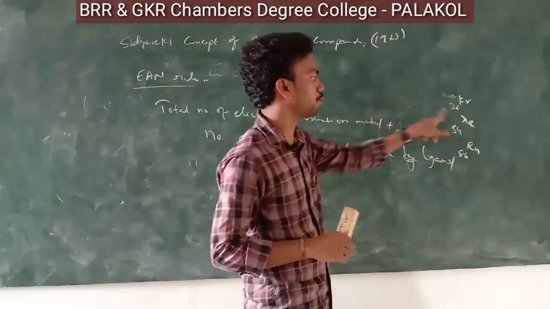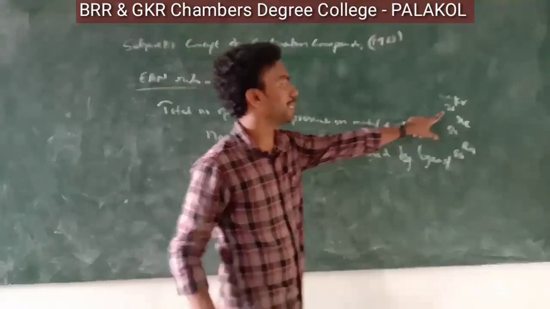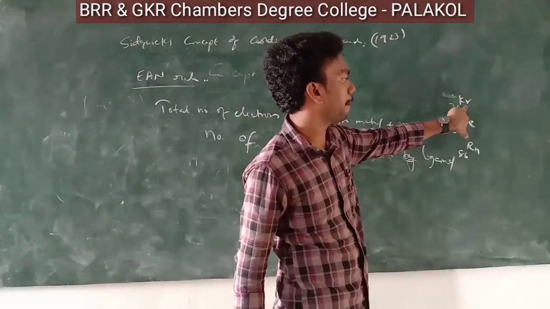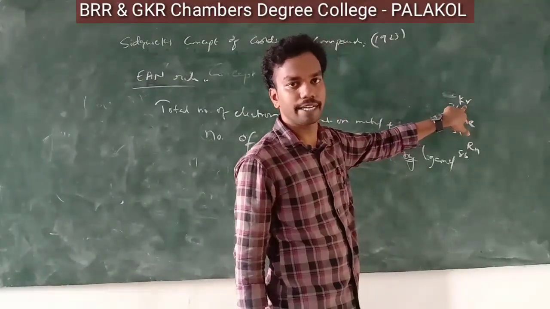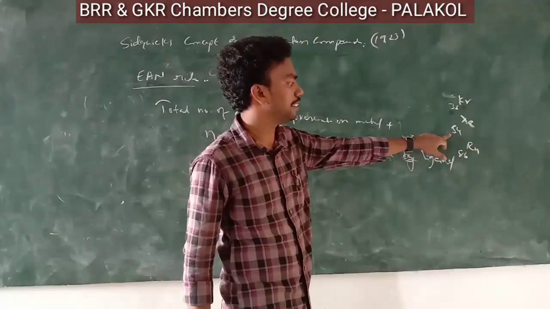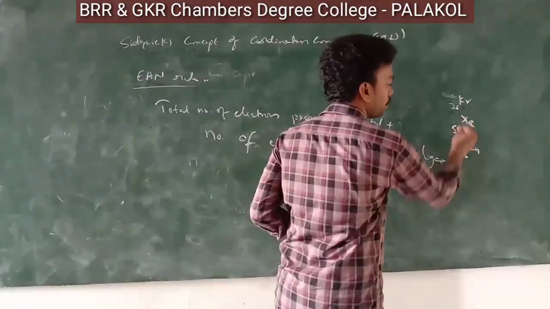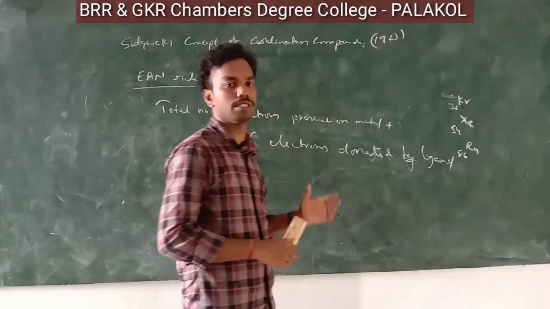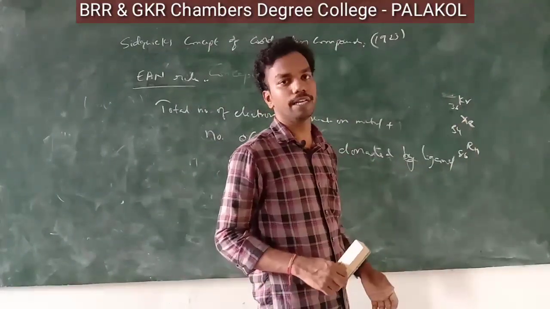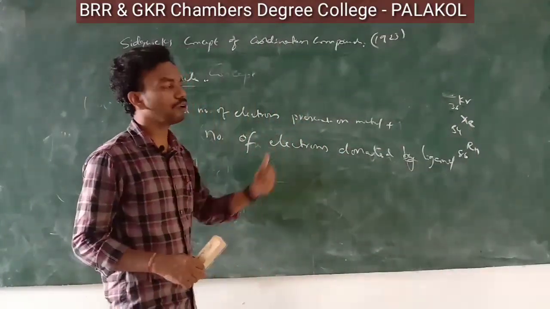If the sum equals 36, corresponding to the atomic number of krypton, an inert gas, the complex is more stable. Likewise for xenon 54 and radon 86. When it equals the nearest inert gas atomic number, the complex is more stable.